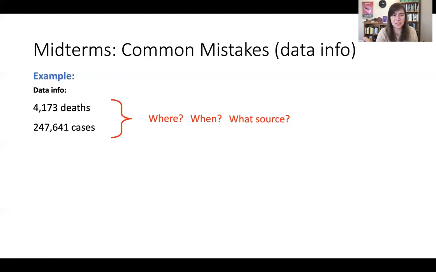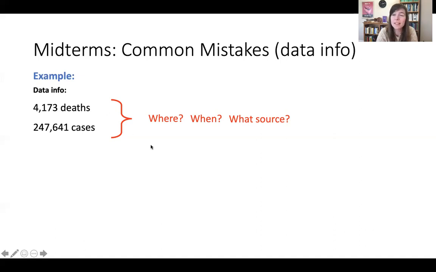And what's the source? I can't even check where these numbers are coming from to see what the data actually means. So something like this for the data info, even though it does say something about what the numbers mean, is in no way adequate and definitely gets no points for the data info section.